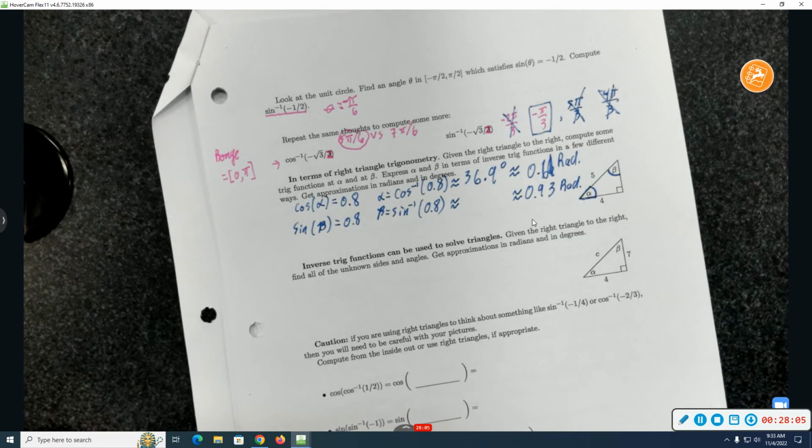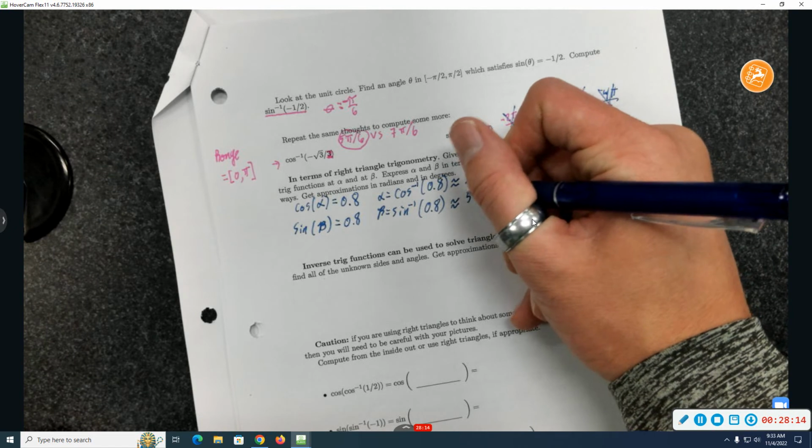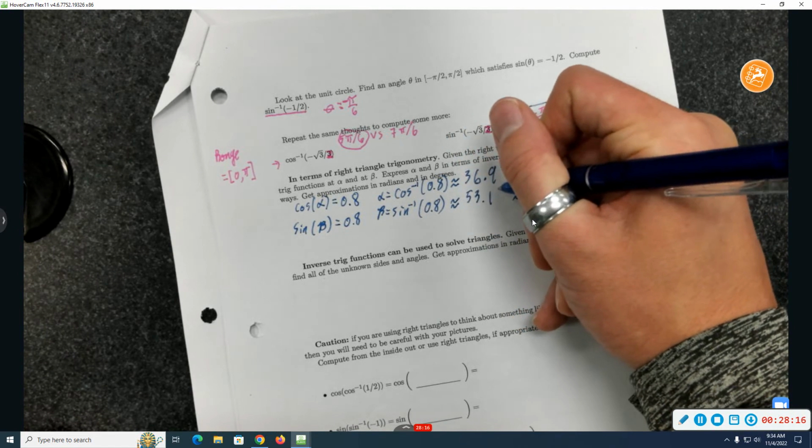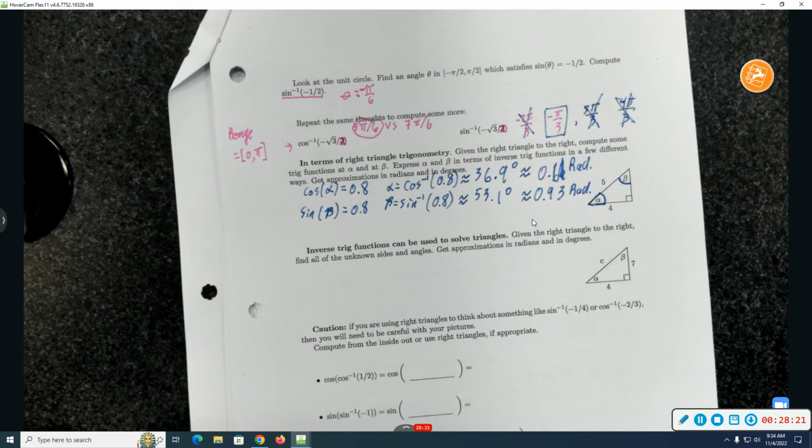I'm just doing that so I'm consistent with the number of digits above. In degrees? Cool. Let's also notice one more thing.